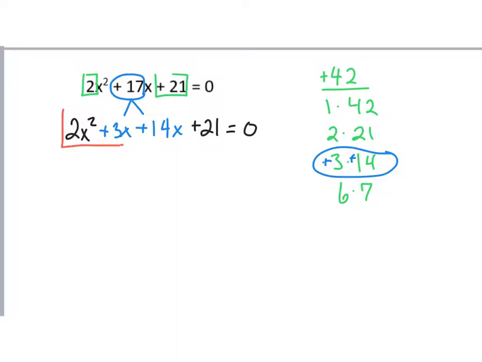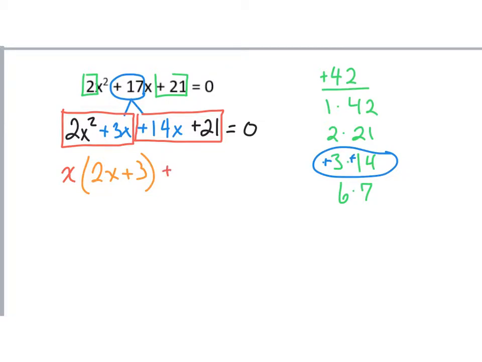Group the first two together, and I can take out an x from both of those, leaving me with 2x plus 3. So then when I group my second two, since I want a positive 2x plus 3 and my positive 14x plus 21, I've already got positives, so I don't have to take out a negative this time.